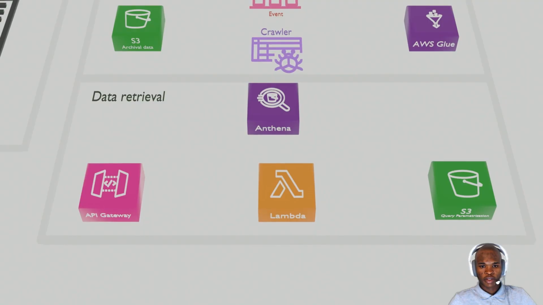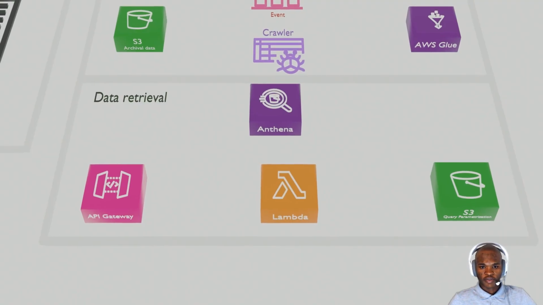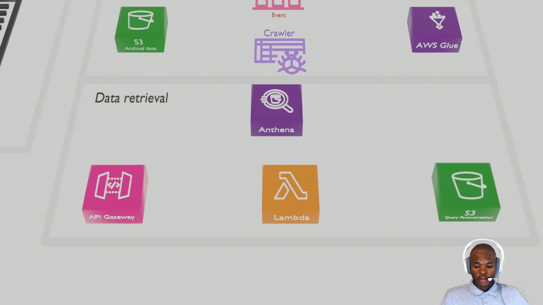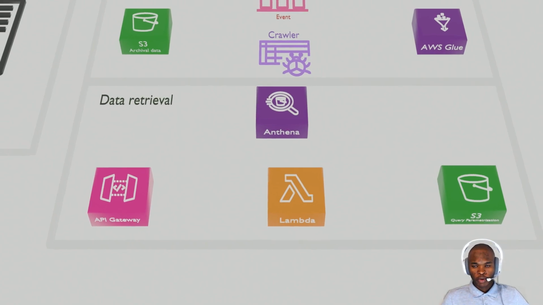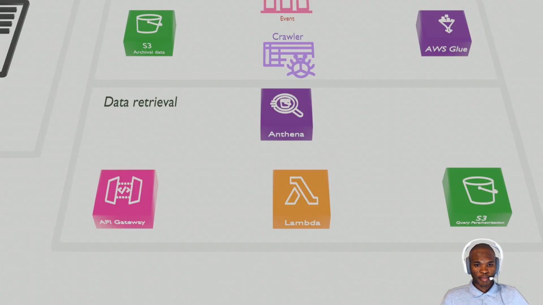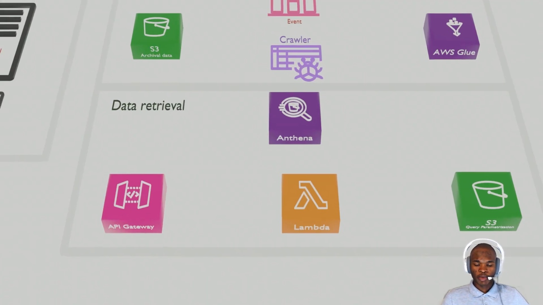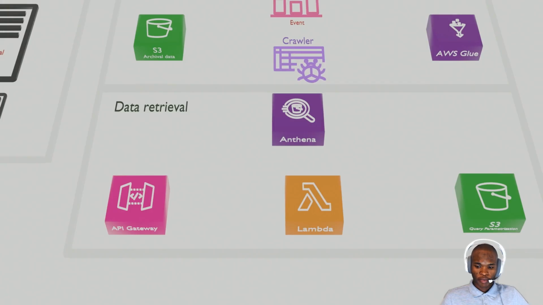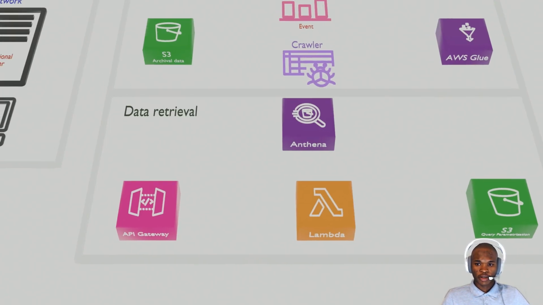No manual steps, just clean automated data retrieval. All this is serverless. Athena runs the query, pulls the answers from S3, and sends them back, whether to the dashboard, to an API, or to your report. You get the insights you need fast and easy, all in the cloud.